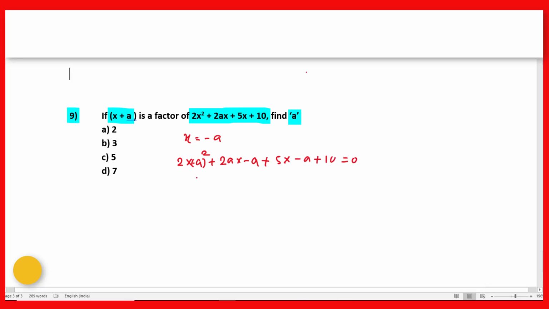So this will be 2a square, this will be minus 2a square plus minus 5a plus 10 is equal to 0. So this 2a square and 2a square will get cancelled. So minus 5a, that is equal to minus 10. So 5 2s are 10, minus minus will be cancelled out, and so a will be equal to 2, and the correct option will be A, that is 2.